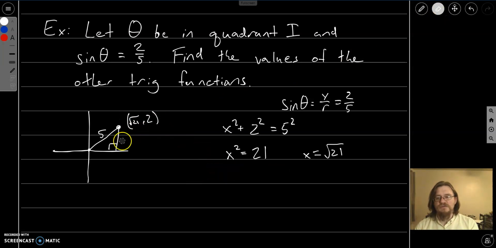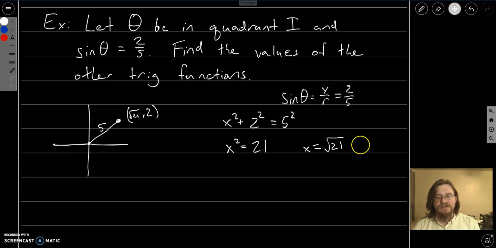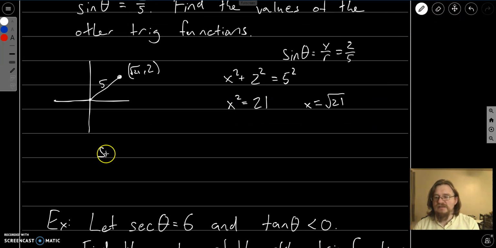Cool. So now that we know what x, y, and r happen to be, we can plug them in. So we can say that the sine of theta is going to be y divided by r. We were already told what that was. It's 2/5. Cosine of theta is going to be x divided by r.